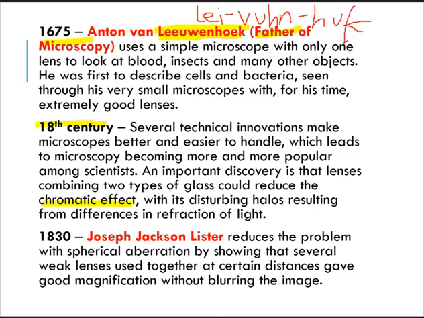The problem with spherical aberration was solved by showing that several weak lenses used together at certain distances gave good magnification.